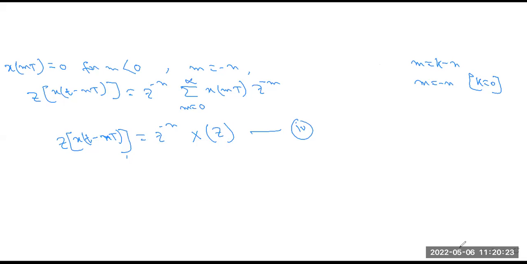Now we have to see another form, that is the positive function. So what is the positive function? That is Z of x of t plus nT.